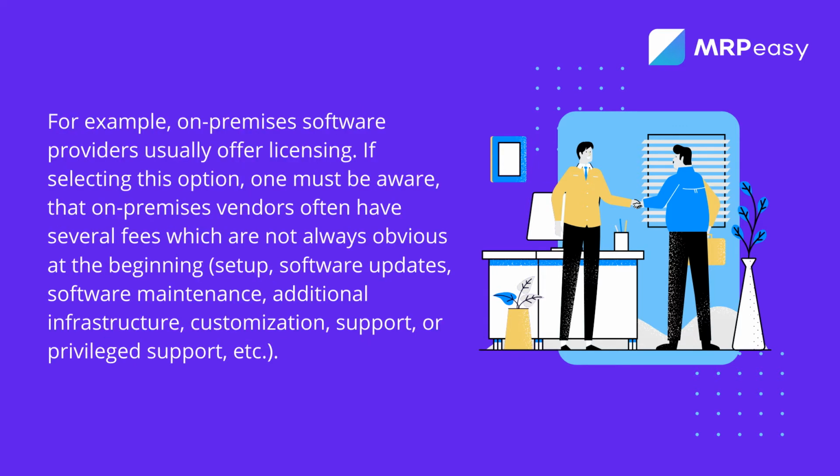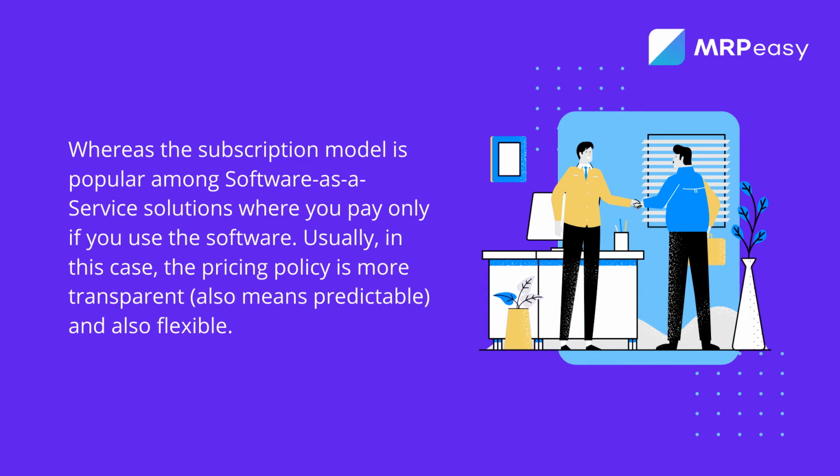For example, on-premises software providers usually offer licensing. If selecting this option, one must be aware that on-premises vendors often have several fees which are not always obvious at the beginning: setup, software updates, software maintenance, additional infrastructure, customization, support, or privileged support, etc. Whereas the subscription model is popular among software as a service solutions, where you pay only if you use the software.